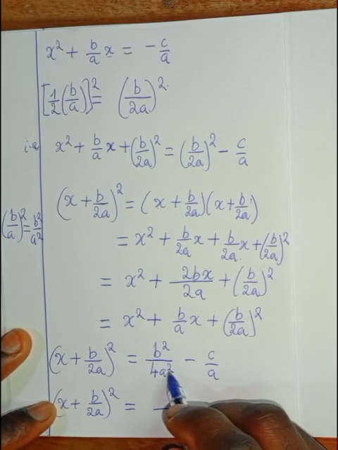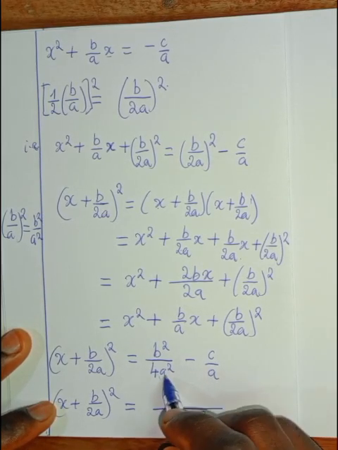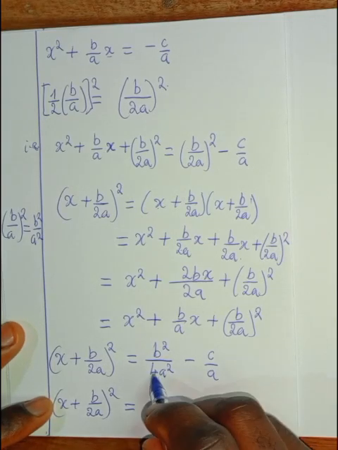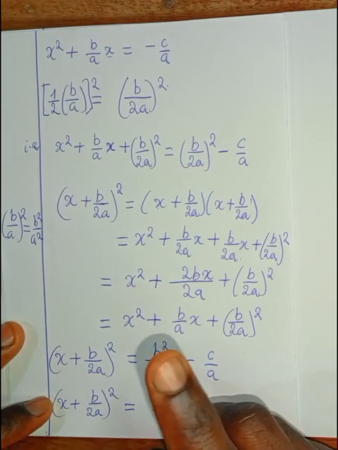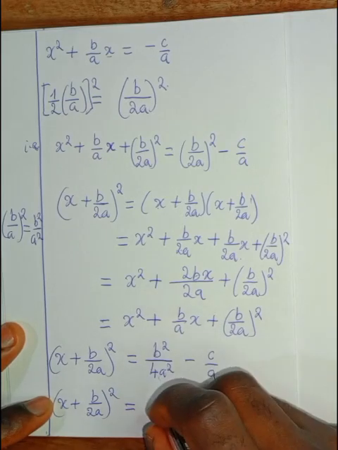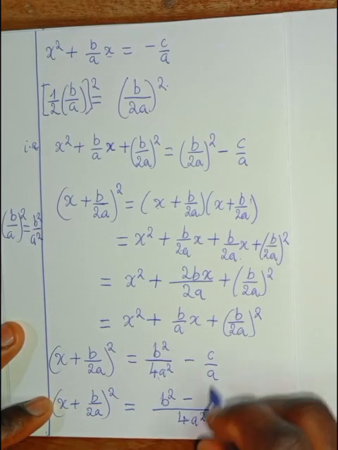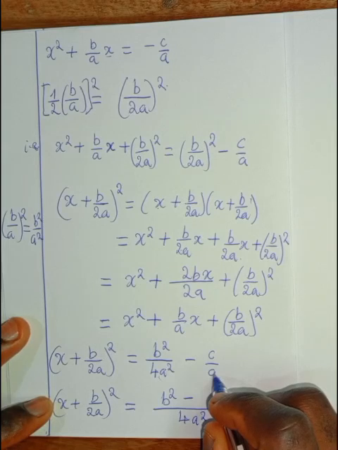It's 4a squared because in a squared we already have a. 4a squared divided by 4a squared gives us 1. 1 times b squared gives b squared, minus 4a squared divided by a gives us 4a.